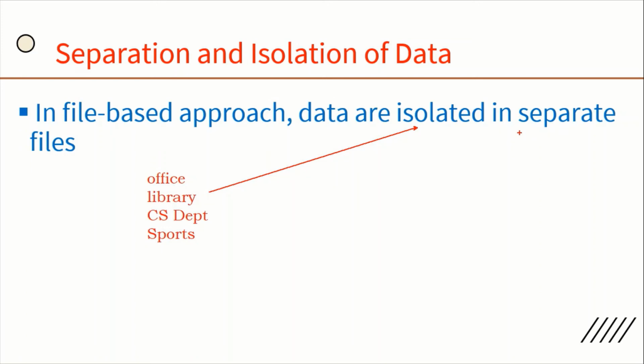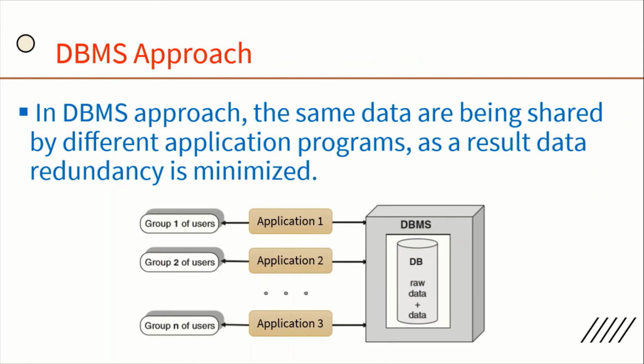So data is separated. Then what is the solution? The solution is to go to the DBMS. In the DBMS approach, the same data is shared by different application programs.